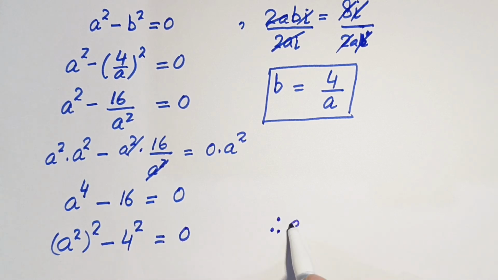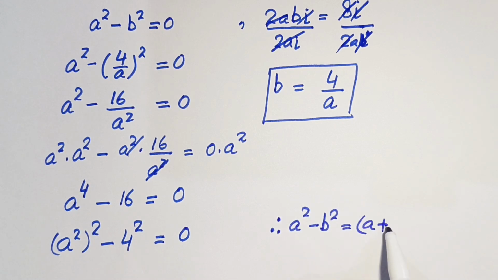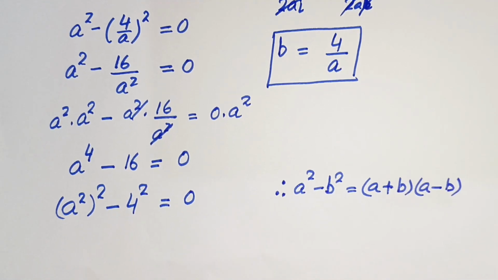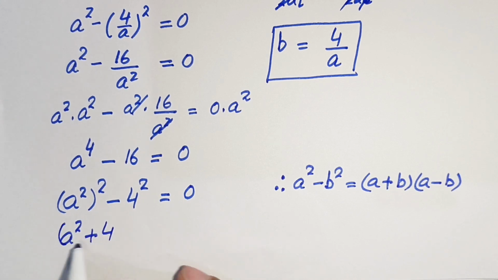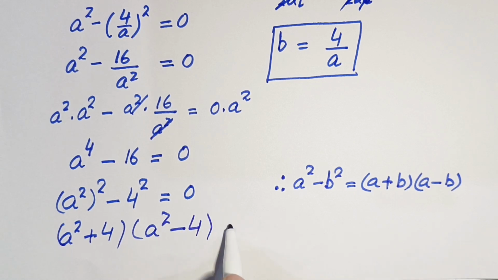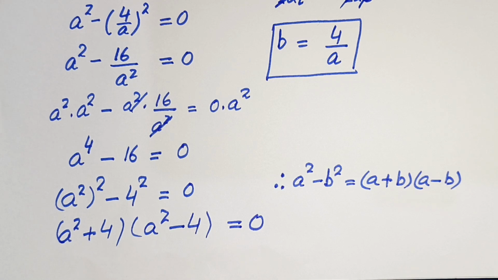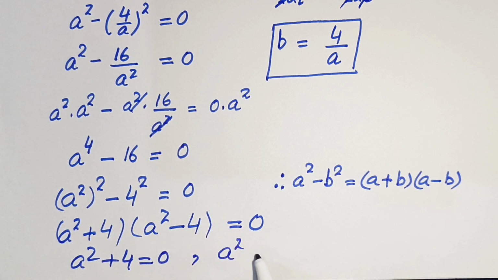By the algebraic formula a squared minus b squared is equal to (a plus b) times (a minus b), it will be (a squared plus 4) times (a squared minus 4), which is equal to 0. Now we have two cases: a squared plus 4 is equal to 0 and a squared minus 4 is equal to 0.